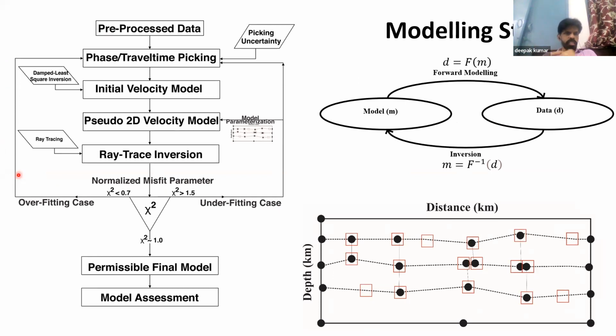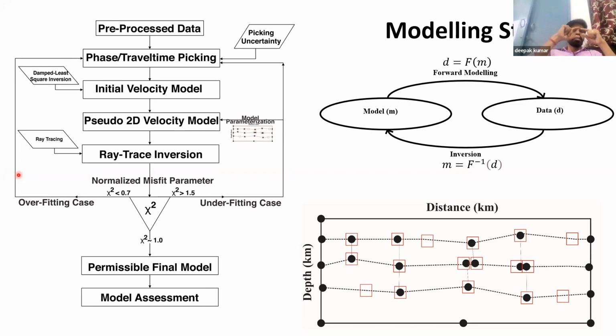Once the phases are picked, see, we pick the phases manually, and human error is bound to happen. I can pick wrong phases as well, correct? So we provide some kind of uncertainty, up to 25 milliseconds for picking of phases at near offset. If I can make mistakes, I'll keep plus minus 25 milliseconds of uncertainty or error boundaries.